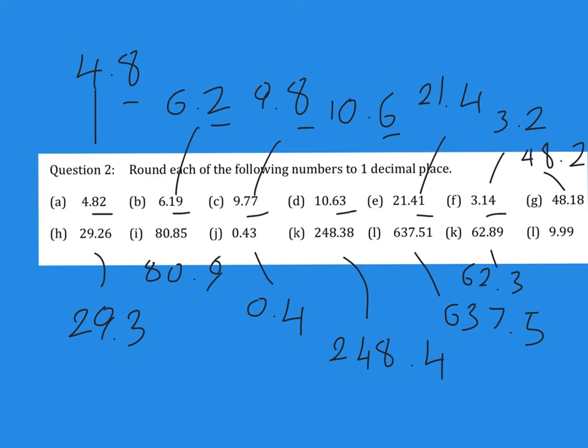And 9.99 is quite a tricky one. 9.99 is going to be 10.0 or just 10. Both exactly the same number. So 10.0 or 10.